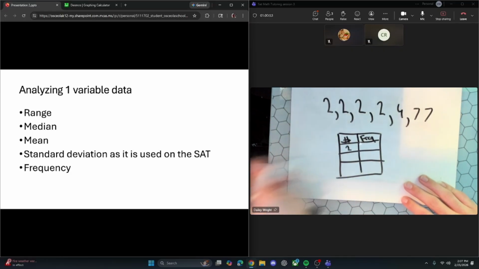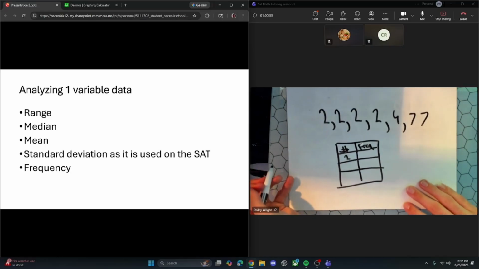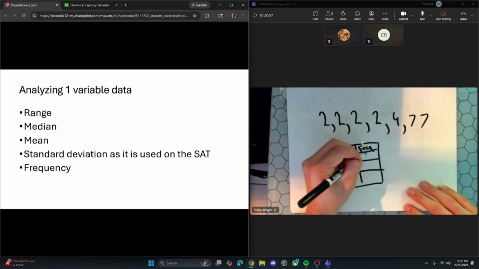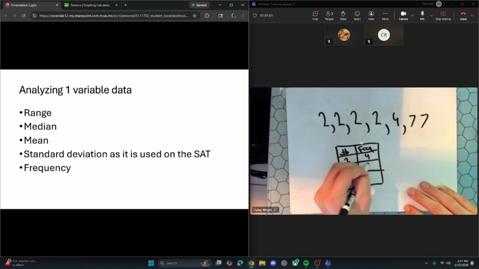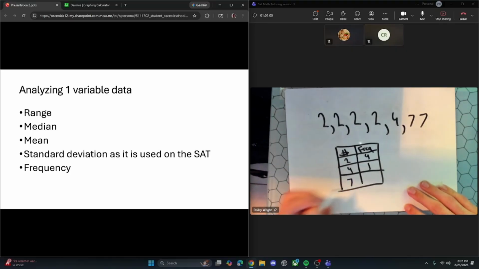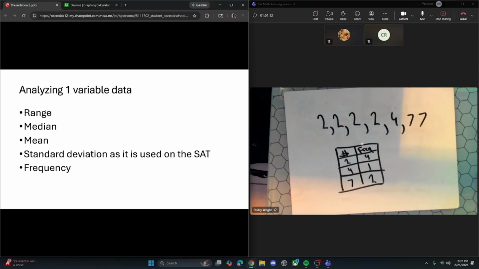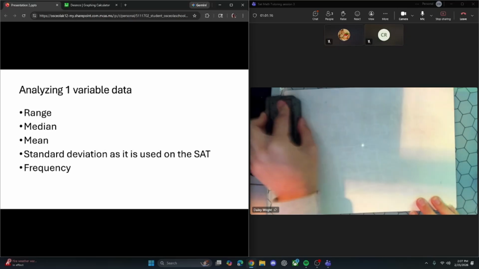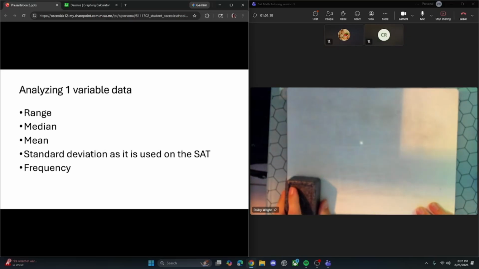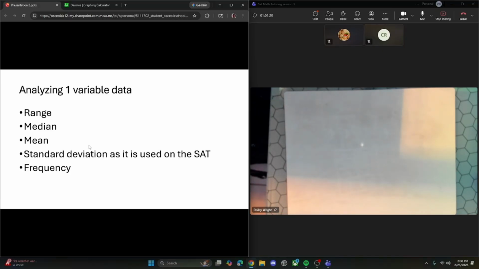Let's say the number is 2. 2 appears 4 times in this data set, so the frequency would be 4. Let's say the number is 4. 4 appears 1 time, so it would be 1. Let's say the number is 7. 7 appears 2 times, so the frequency would be 2. That is how they use frequency on the SAT. I've honestly never seen it used like that in any other type of chart.